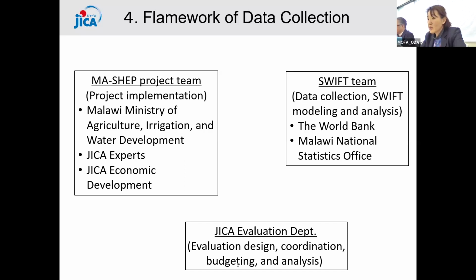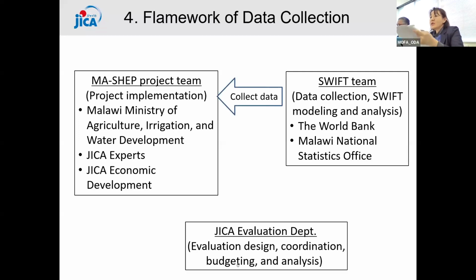So the MASHEP project team utilizes such updated information to implement the project smoothly and improve the project scheme itself, or to change the activity flexibly in response to the field needs. And then the third is the JICA evaluation department in Tokyo, on the bottom side, which coordinates and works together with the MASHEP project team and the SWIFT team.